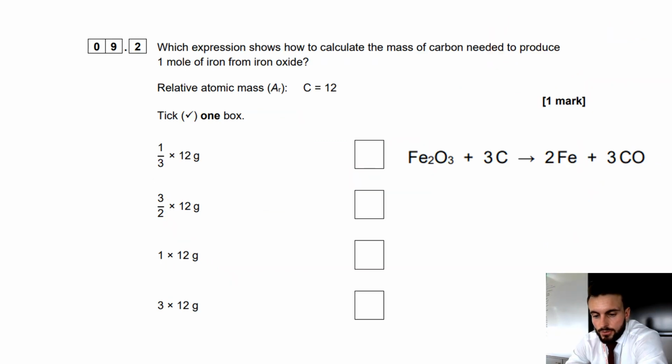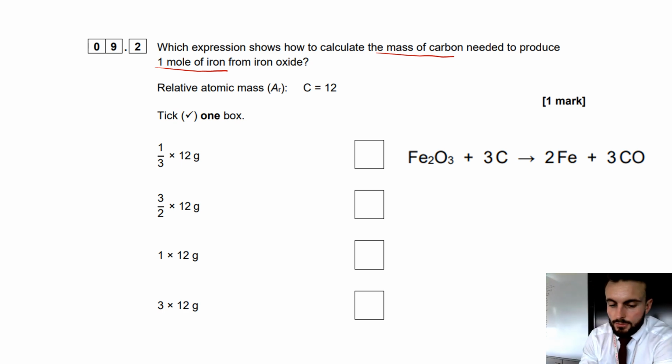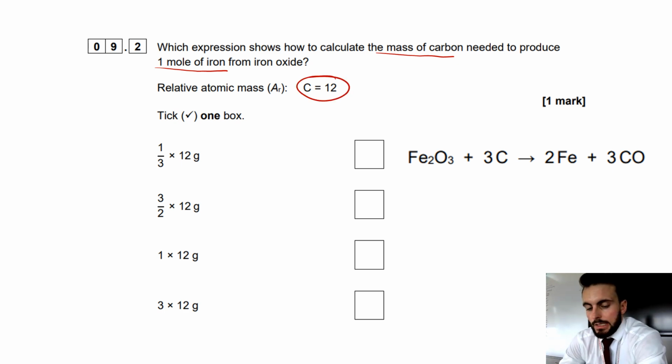Which expression shows how to calculate the mass of carbon needed to produce 1 mole of iron from iron oxide? In this question, it gives you the relative atomic mass of carbon. It's a bit like a moles question, so we're looking at what mass of carbon is needed to make a certain amount of iron. We don't care about the iron oxide, we don't care about the carbon monoxide.